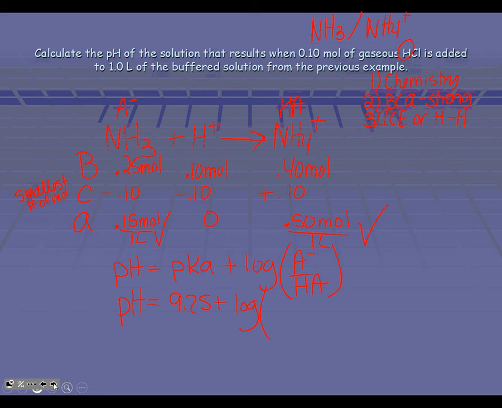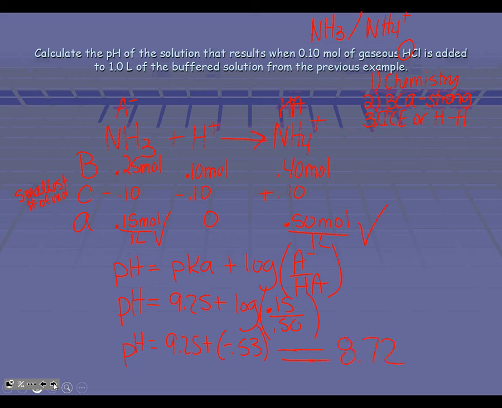My A minus is 0.15 and my HA is 0.5. 9.25 plus, we're going to divide that and then take the log, and that is negative 0.53.